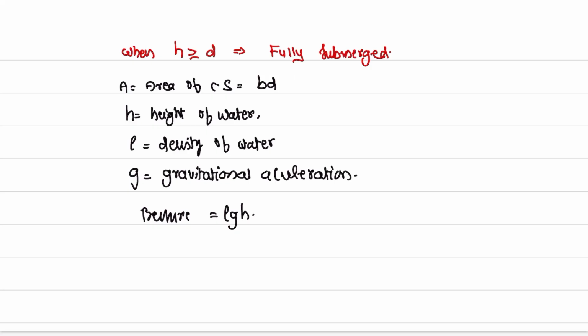But rho GH is not directly totally acting on the surface, because H is more than the surface depth. Then we cannot directly implement this formula.